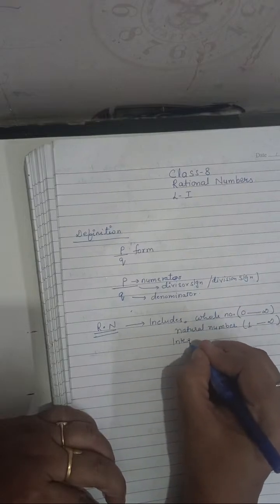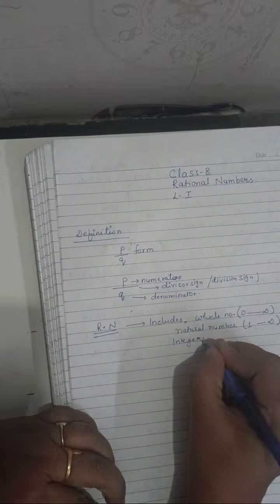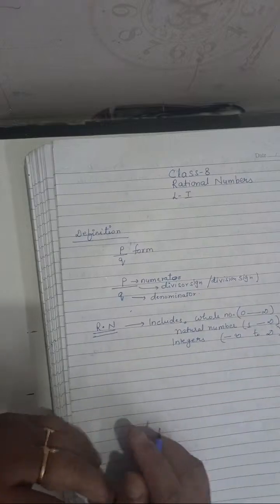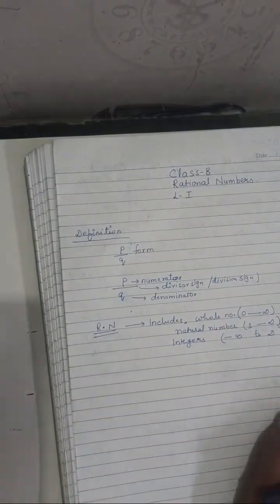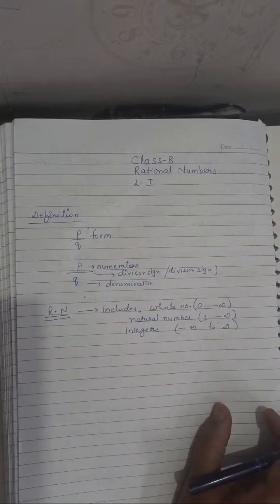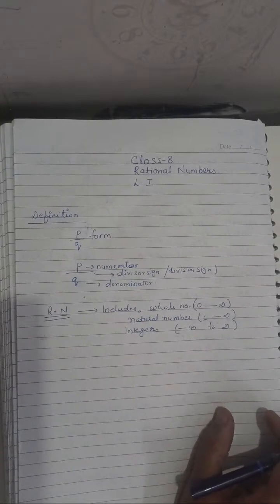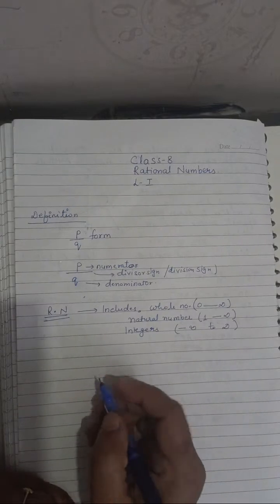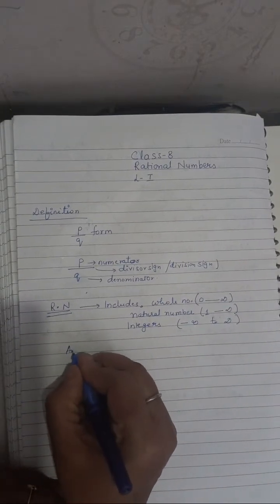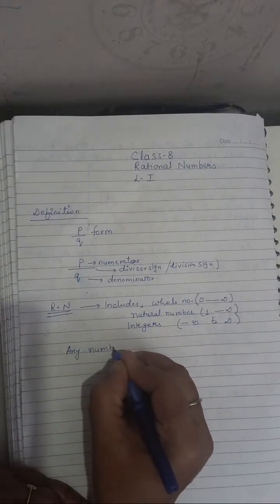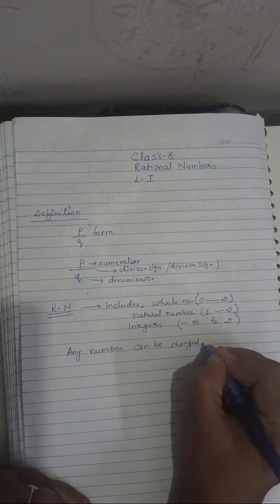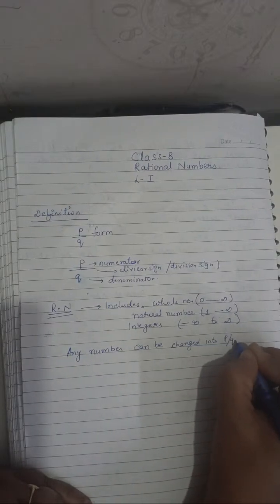All integers, that means from minus infinite to positive infinite. So it includes all kinds of number. You can change any number into P upon Q form. That means in the rational number you can change any number, right? So here we can say any number can be changed into P upon Q form.